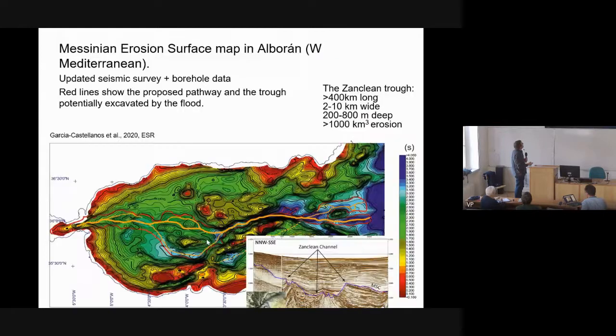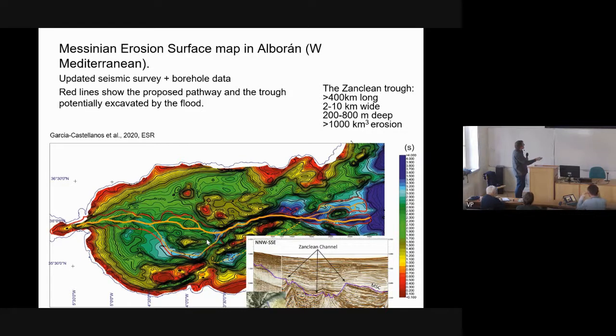I'm not showing these seismic lines, but this would be a compilation of this Messinian erosion surface over the entire Alboran Sea. So this is Spain here, or the Iberian Peninsula, and Morocco. And this would be one of the seismic surveys across this position.